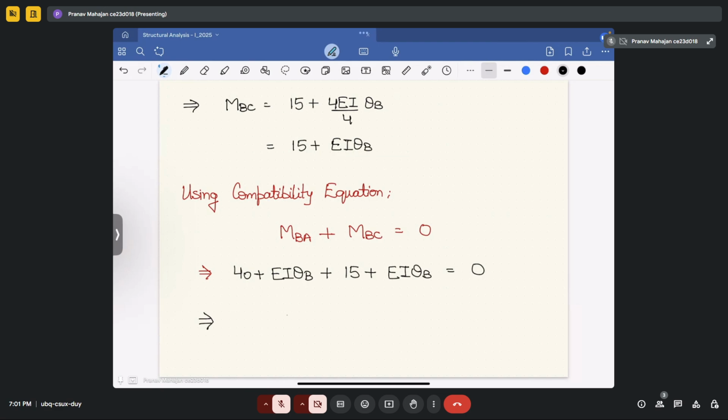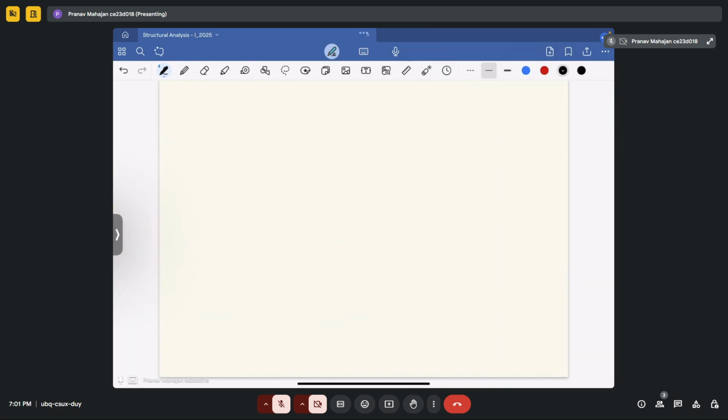And from this we got 55 plus twice EI theta B to be equal to 0. That means your EI theta B is becoming equal to 55 by 2. That means minus 27.5. Okay.